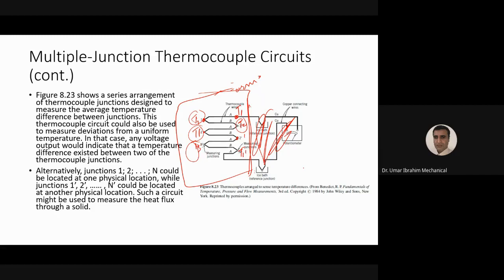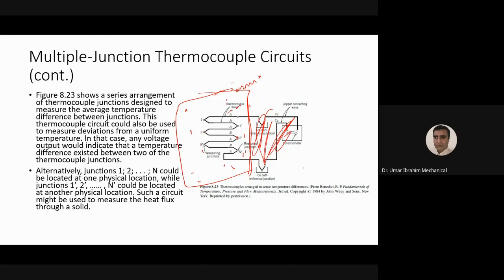temperature or not, what I can do is take a series thermocouple circuit and place the different junctions of the thermocouple circuit at different points on the surface whose uniform temperature assumption I want to verify. ठीक है?